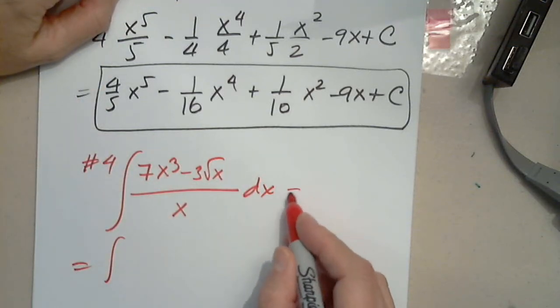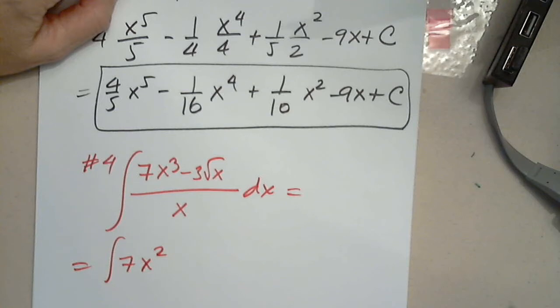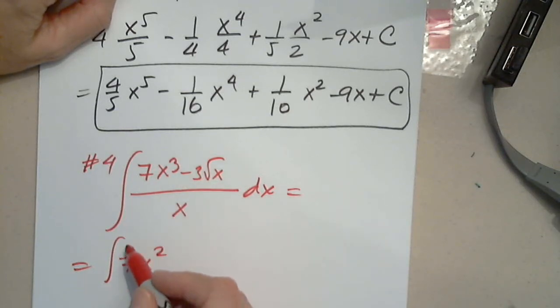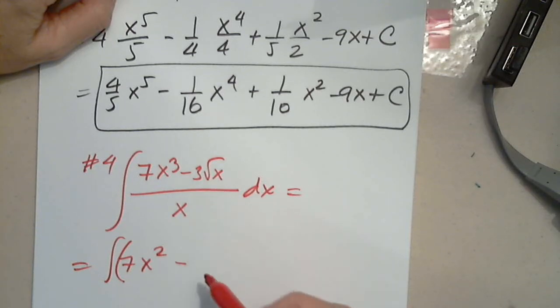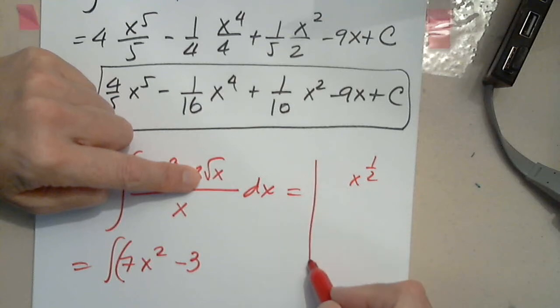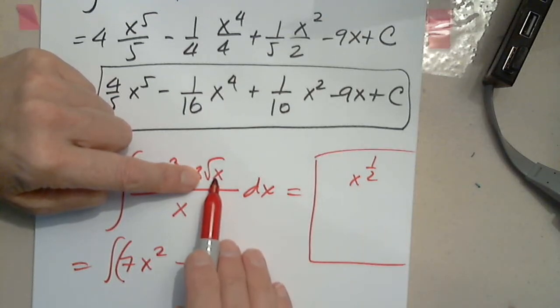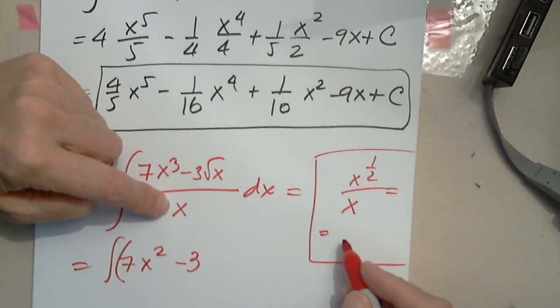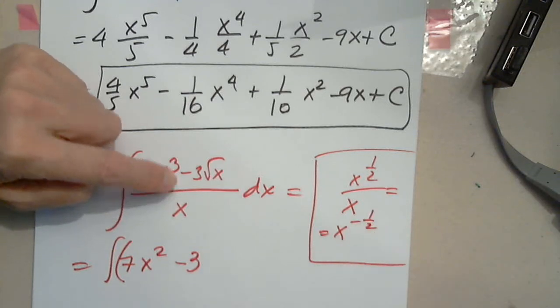So I have the integral from 7x squared, because 7x cubed over x is 7x squared, minus 3. And now x to 1/2 in the numerator, there's a side note, x to 1/2 over x, 1/2 minus 1 will be negative 1/2.